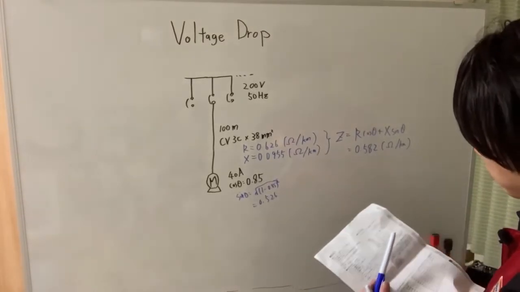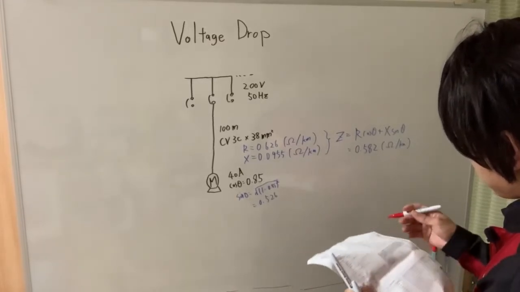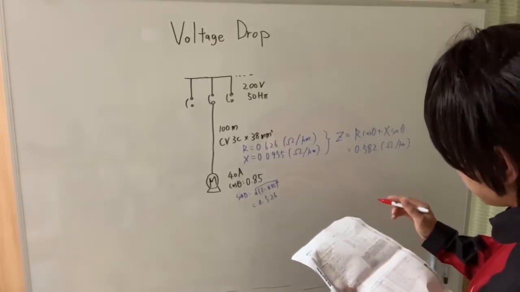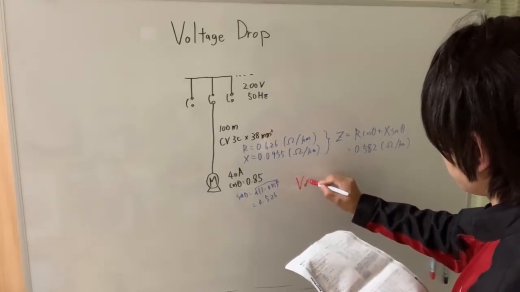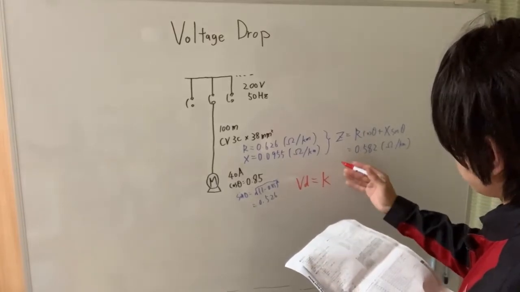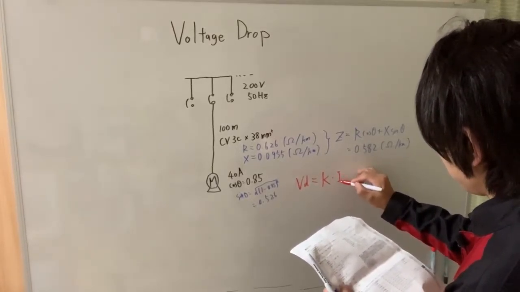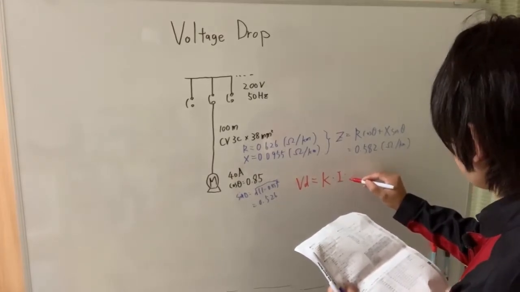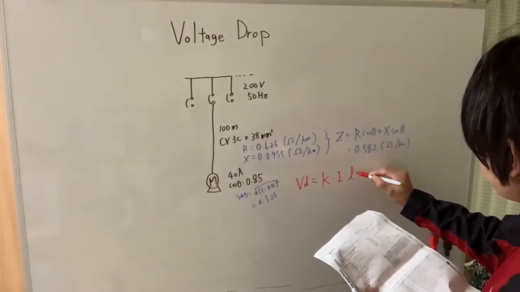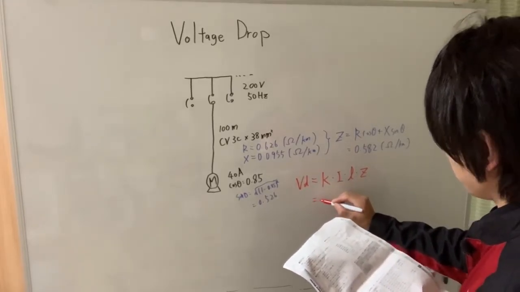Voltage drop is calculated like this: some factors times current times length of cable times the impedance, right?